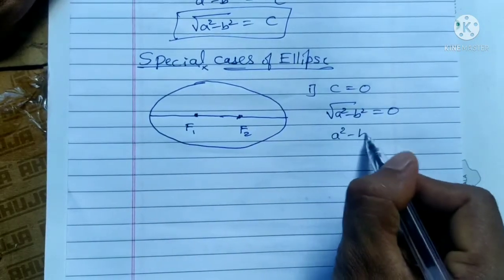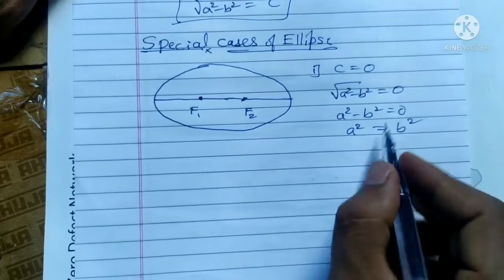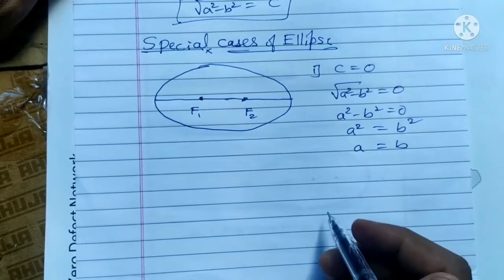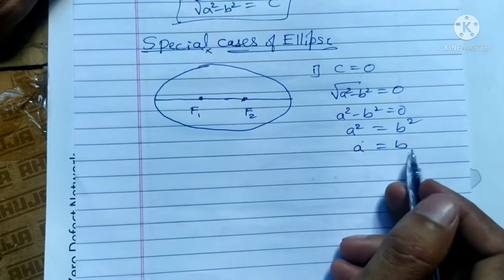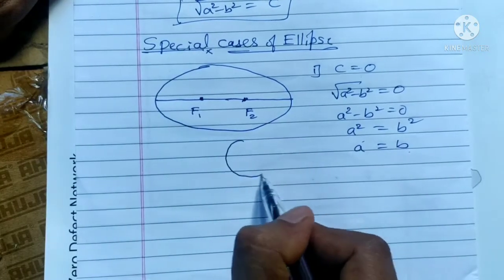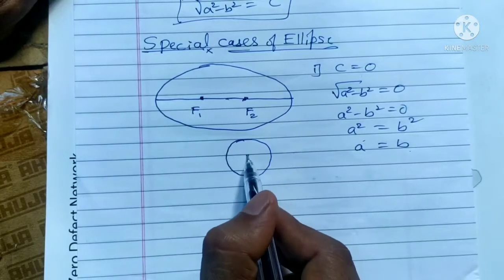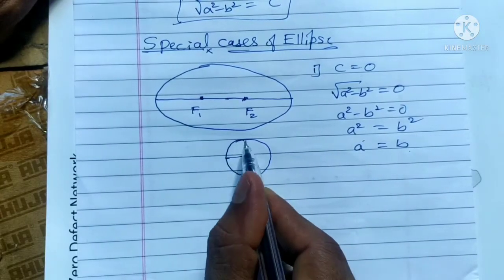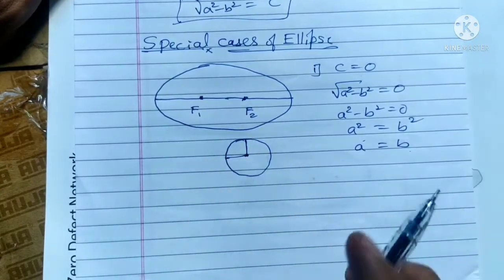So a square minus b square is equal to 0, a square is equal to b square, so definitely a is equal to b. Because these are lengths, we will not consider plus or minus. So the ellipse reduces to a circle. The length of the semi major axis will be equal to the length of the semi minor axis, so these two distances will be equal. In this case, the ellipse becomes a circle.